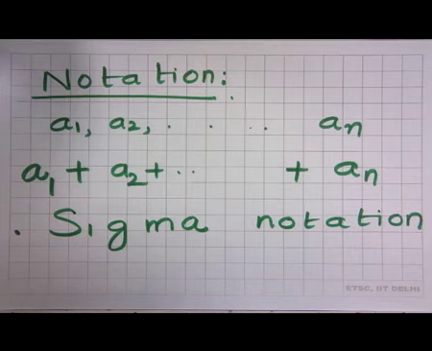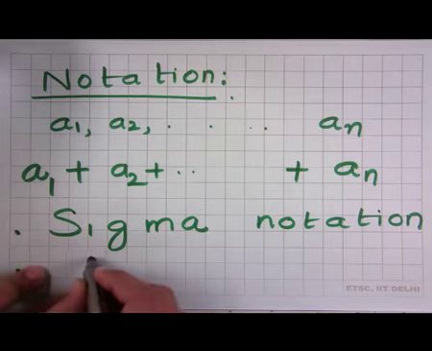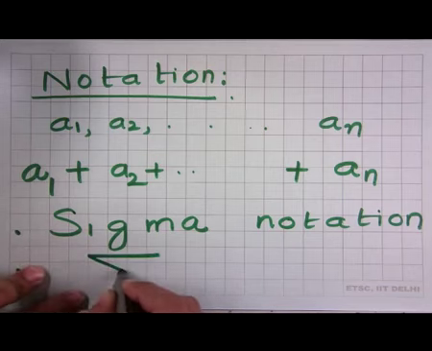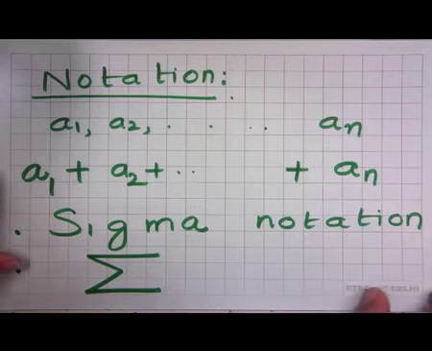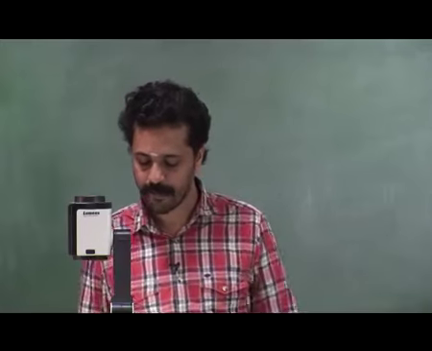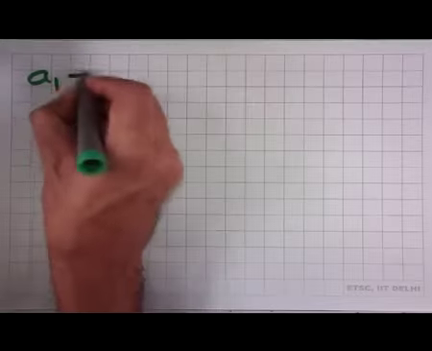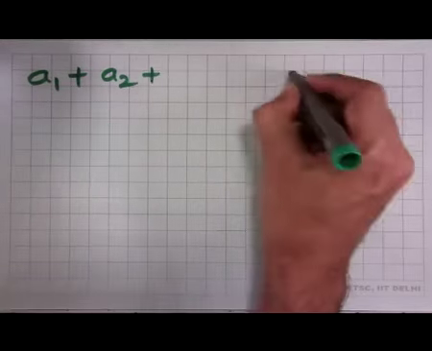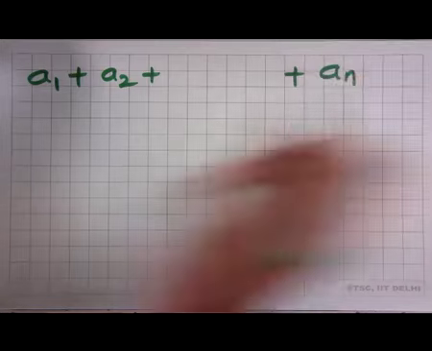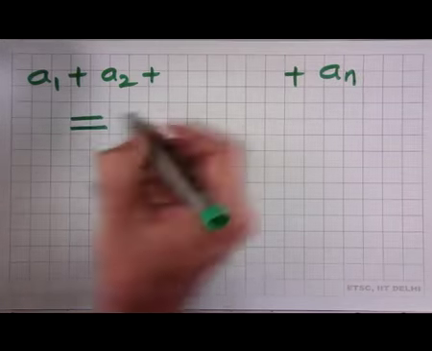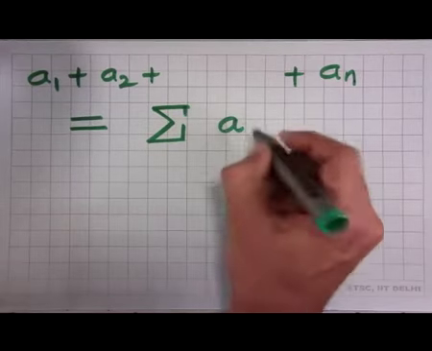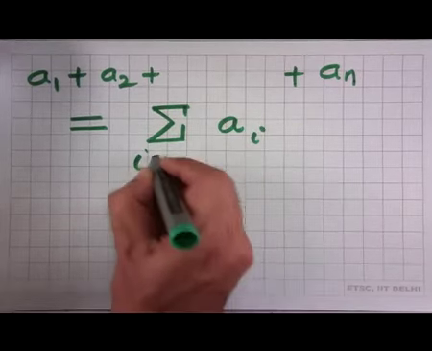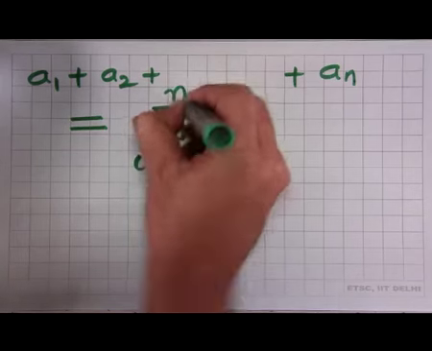That is, by using the uppercase Greek letter sigma, we denote a1 plus a2 plus etc. plus an in a more compact fashion as follows: sigma ai, i equal to 1 to n.